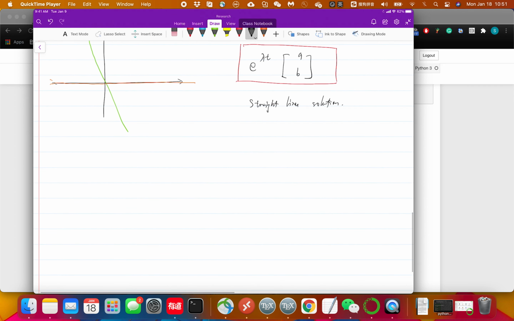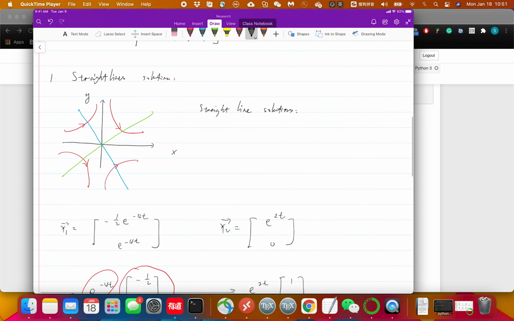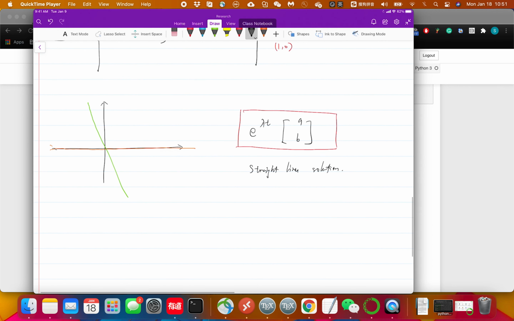Okay, so this is settled. Number one, what do you mean by straight line solution? After we draw the direction field, that's where we have some graph like this. But what is the graph like this? A graph like this tells you this solution here, as you make t different from 0 to infinity, or even negative numbers, this one does not change the direction, only changes where you are on this line.